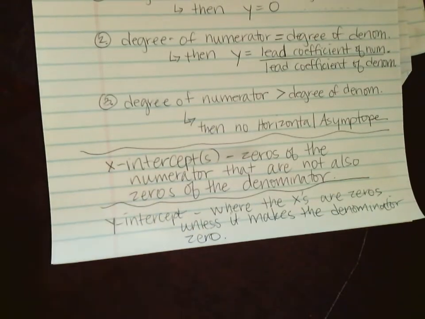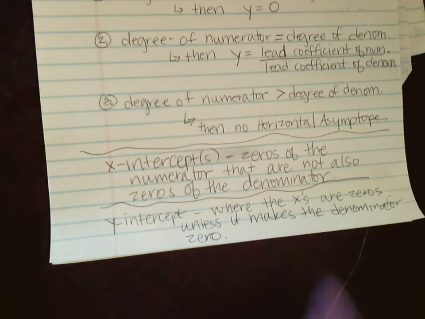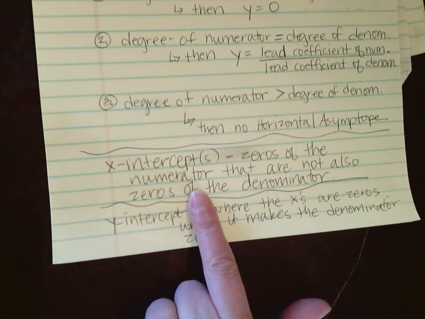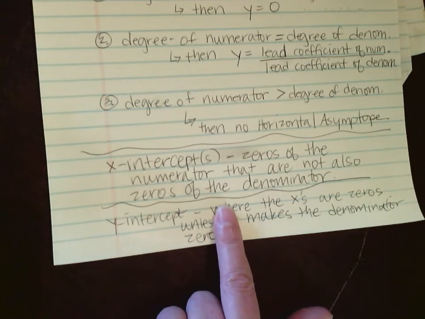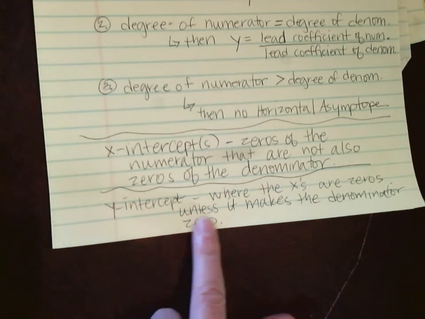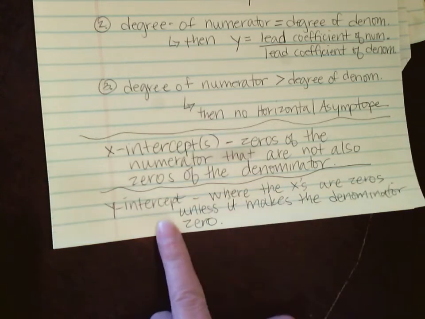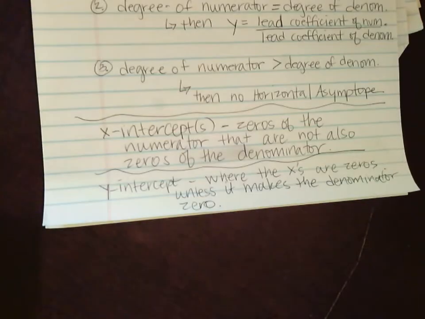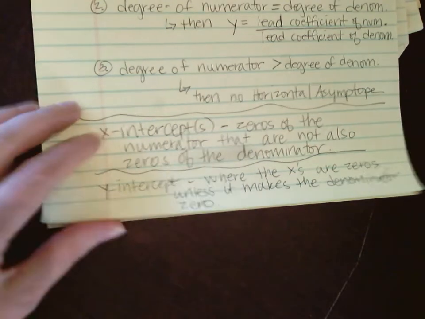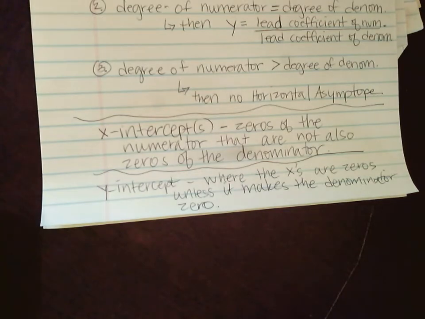The x-intercepts, in other words where the graph crosses or touches the x-axis, are wherever the zeros of the numerator are, as long as they're not also zeros of the denominator. And the last term is one that we've seen several times before. The y-intercept is wherever x is 0, unless it makes the denominator 0. Now that we have those, let's look at some of these problems.